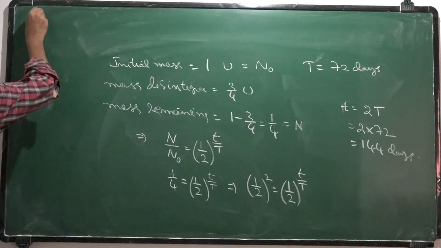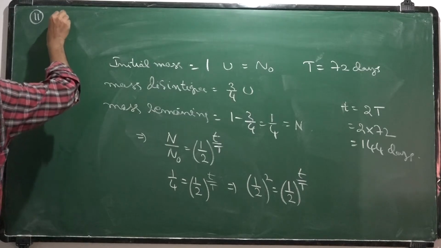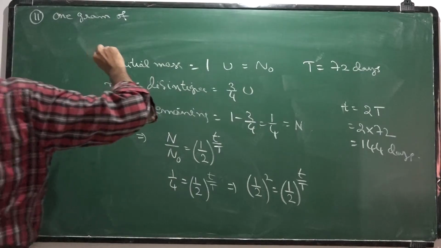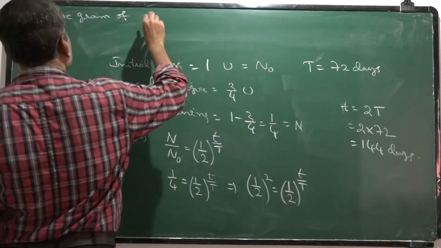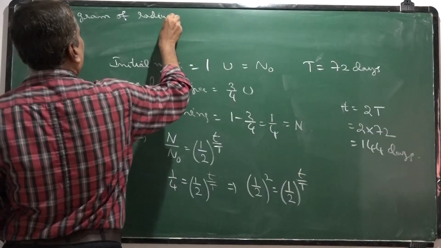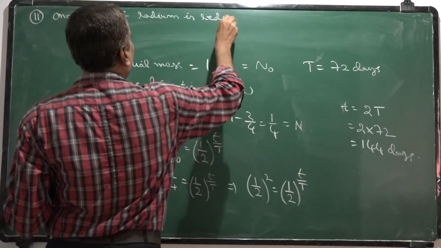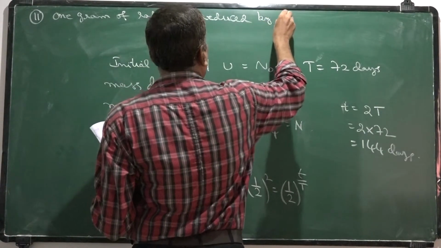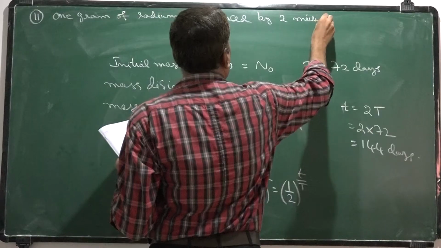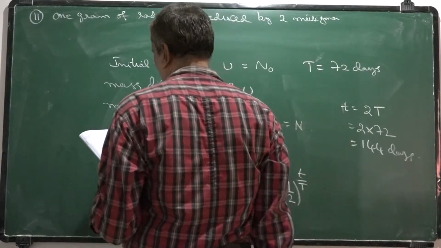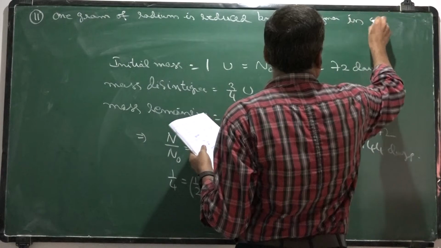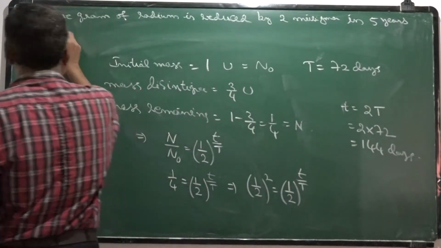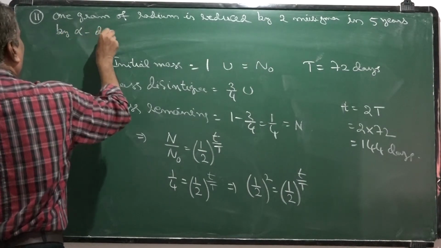Now the 11th one. 1 gram of radium is reduced by 2 milligram in 5 years by alpha decay.